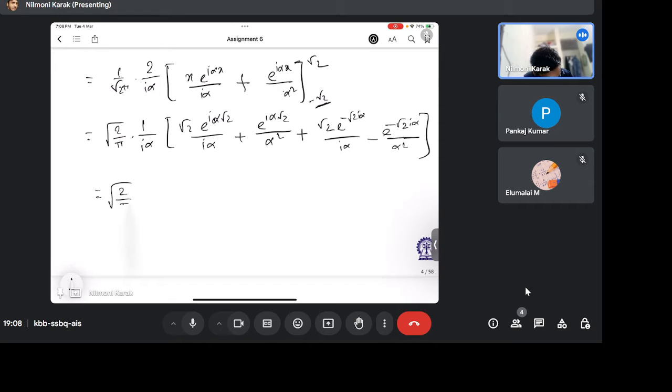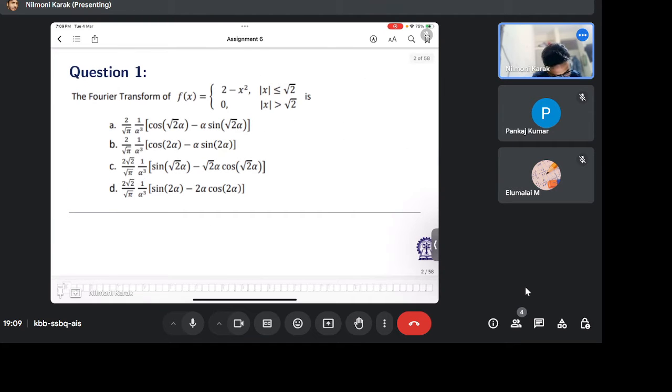Now you do one thing. Alpha. Now here, e to the power i alpha here also. In the problem it is given like that: sine root 2 alpha, cos 2 alpha.